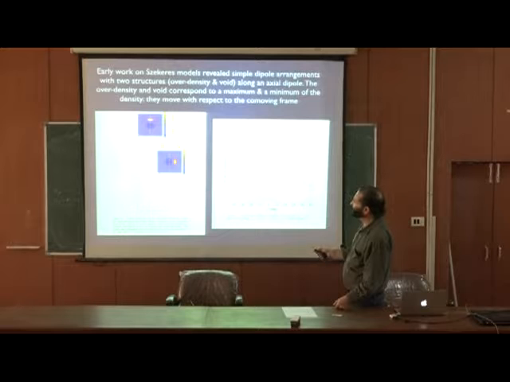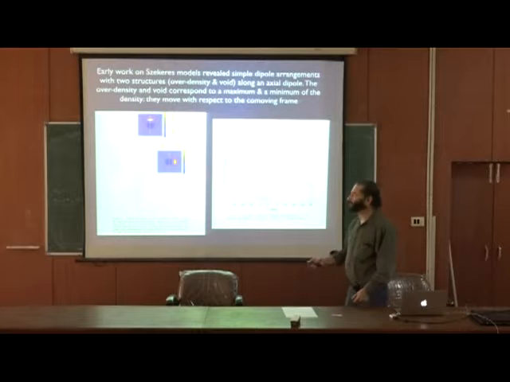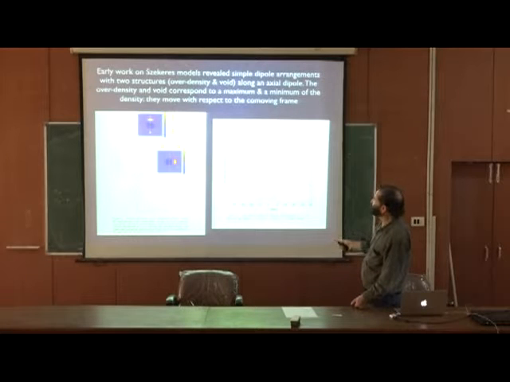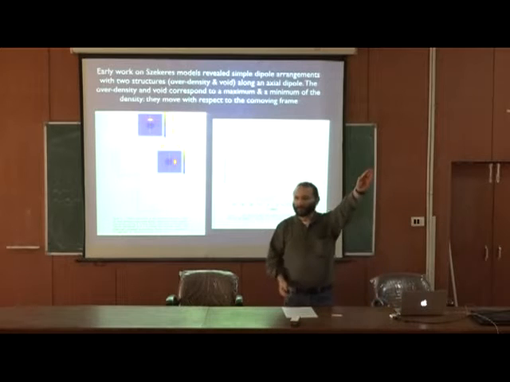And you can probably have one case in which you have two overdensities and one void. But now the density contrast is changing in time. This is a curve of this configuration at different times. You can see that the density contrast becomes larger, and the void becomes deeper. So it changes in time.